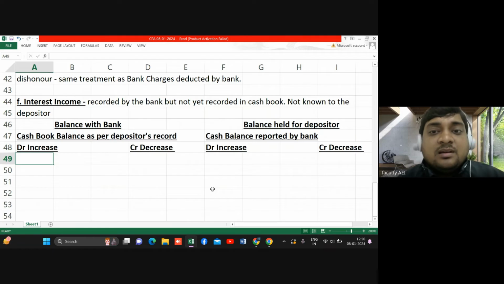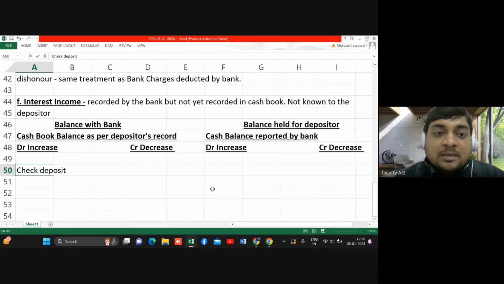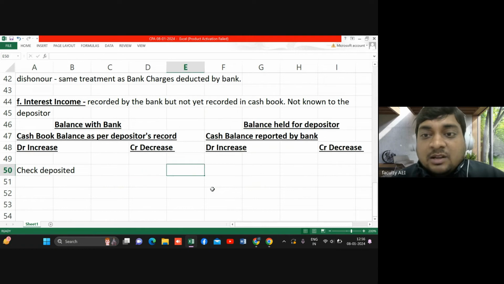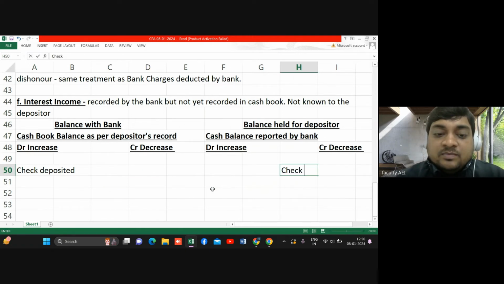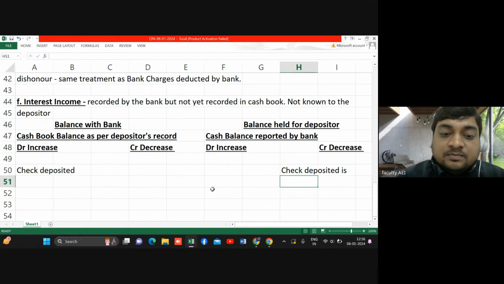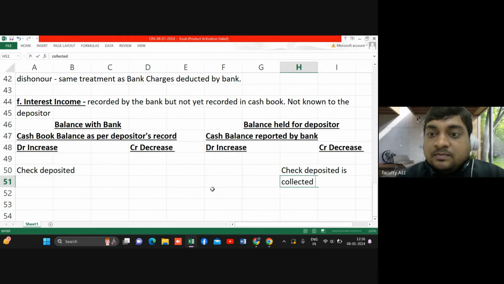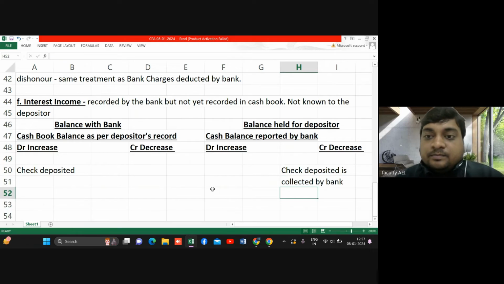So the simple funda is whenever we deposit a check, we will increase our balance. Now they will increase the balance held only when the check deposited is collected by the bank, right?